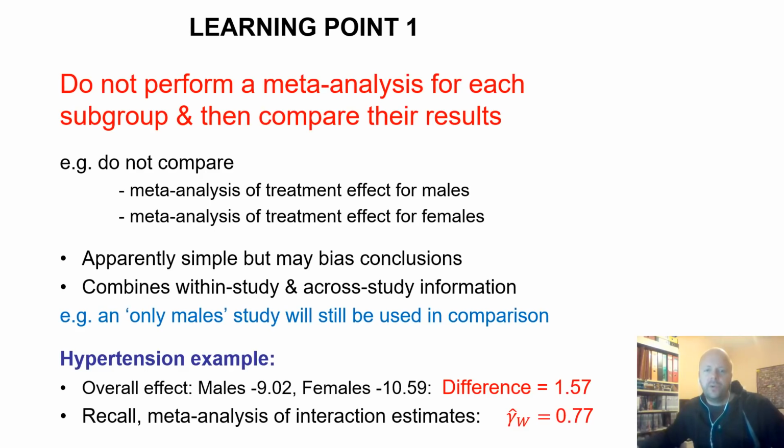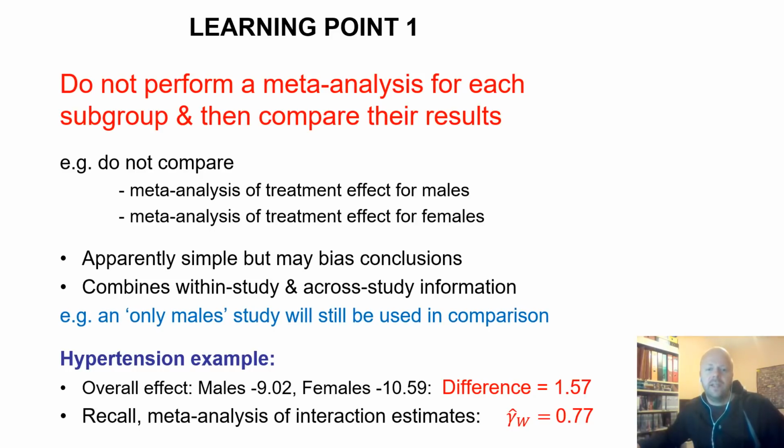The first key learning point is not to do a meta-analysis for each subgroup separately and then compare the results. So don't do a meta-analysis for males and then compare that result to a meta-analysis for females. It looks simple, but it's wrong, because let's think of an extreme example. If you had a study that only recruited male participants, then that has no information about the difference between males and females, because no females were in the study.